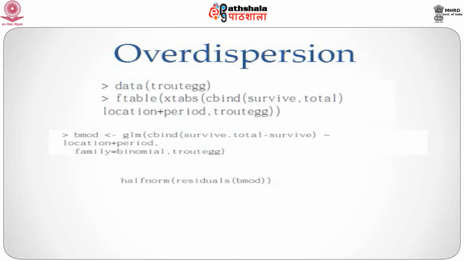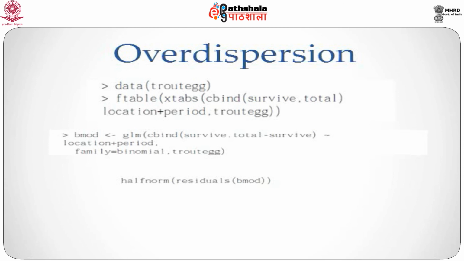A remedy for this is to fit the same model, but in this case we can use a family which is equal to quasi-binomial. We shall look more at this in a future module. For now, we are estimating an additional scale parameter which we call sigma square, and this is done by summing over the squared Pearson residuals from the standard model and dividing it by the number of degrees of freedom.